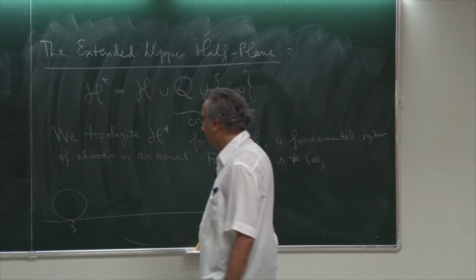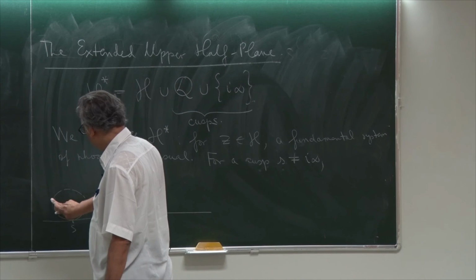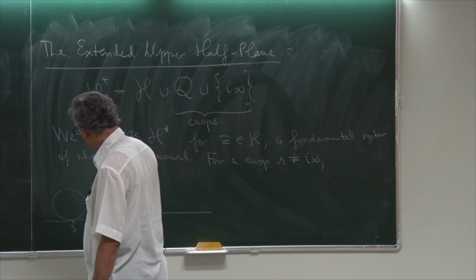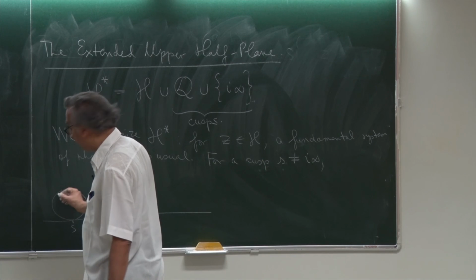Okay? So these are open circles. It doesn't matter, but take open ones. These are open sets; we have to have open sets anyway.